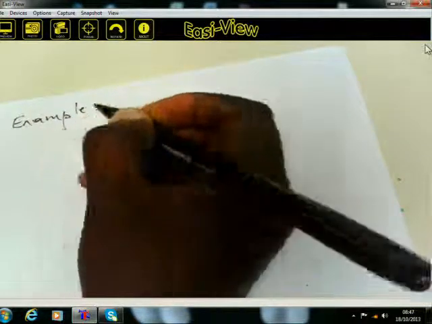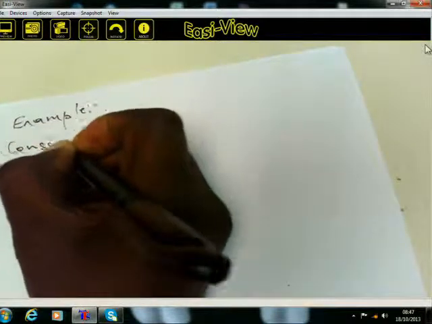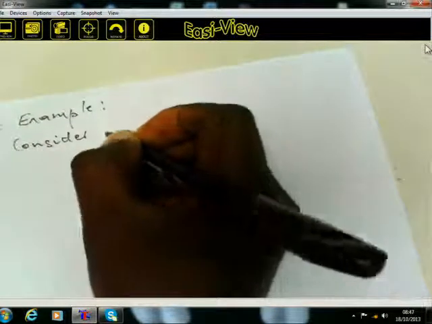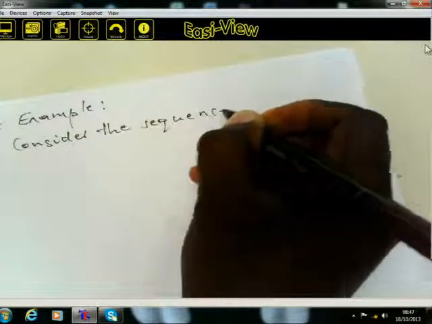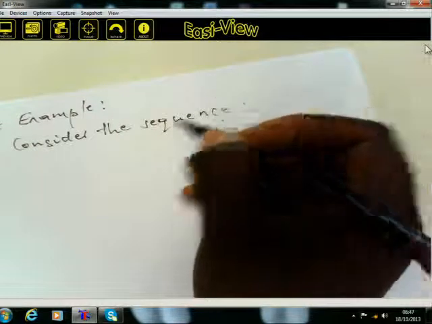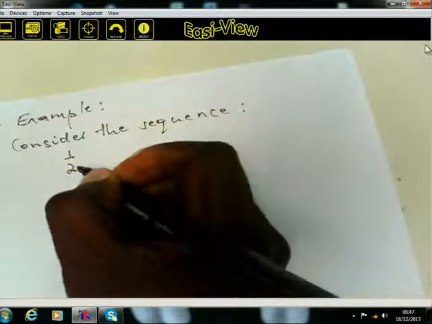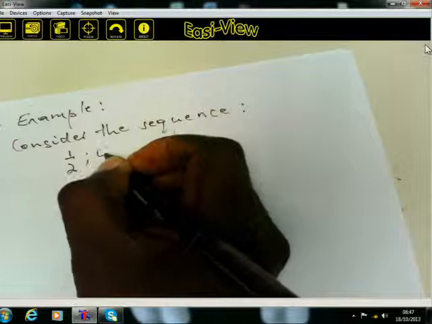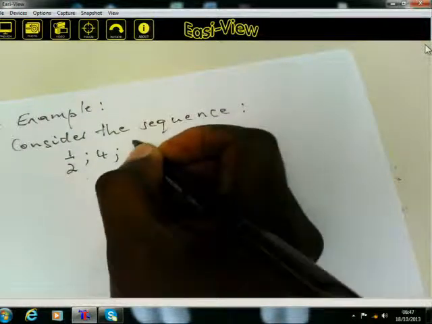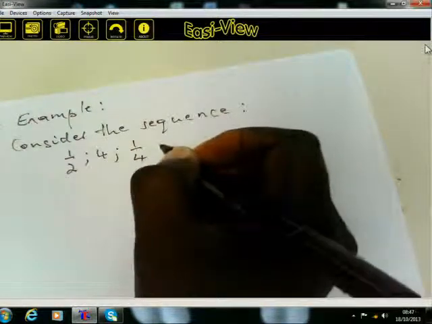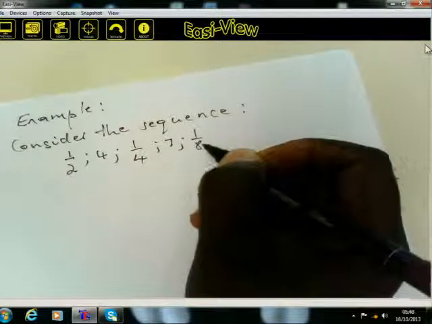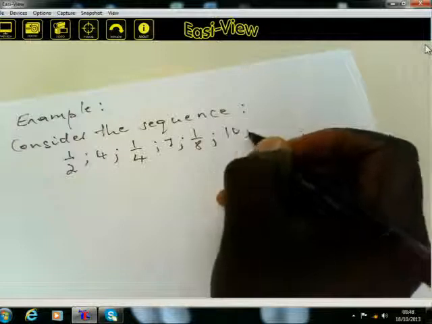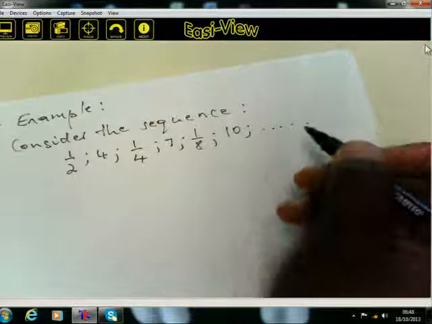My example is, consider the sequence that is given here: 1 over 2, 4, 1 over 4, 7, 1 over 8, 10, up to infinity.